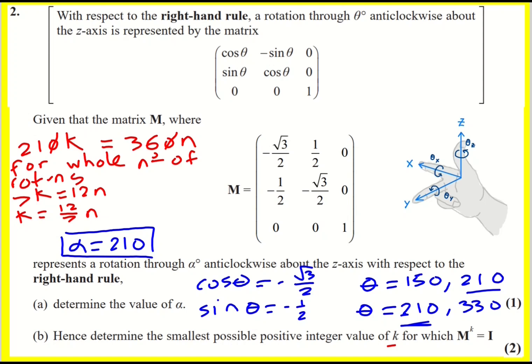That means n must be a multiple of 7, because it's a whole number, and k is then 12 times that. Basically, k is going to have to be a multiple of 12. n could equal 0 when there are no rotations, but we want a positive integer. So the smallest positive integer value of k is going to be 12, when n is 7.